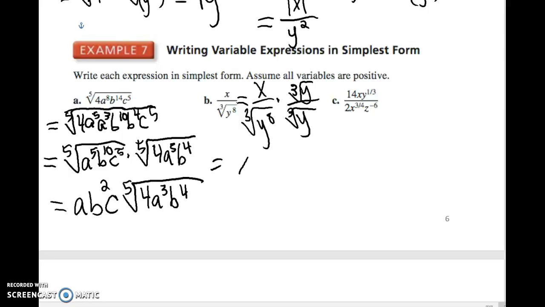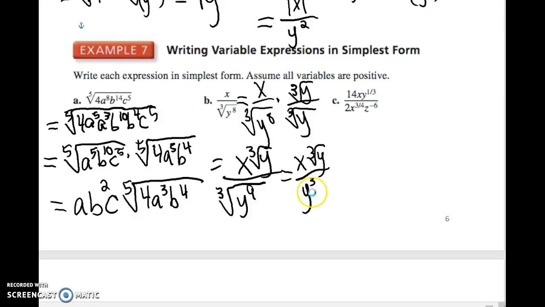In the top we'll have x to the cube times cube root of y, divided by the cube root of y to the 8th times y to the 1st, which is y to the 9th. Then when I simplify that, I get x times the cube root of y divided by just y to the 3rd, because 9 divided by 3 is 3.